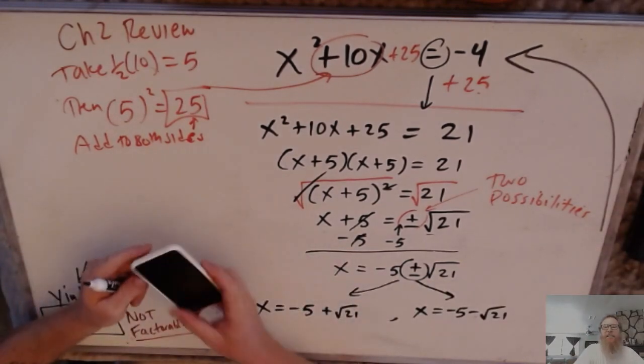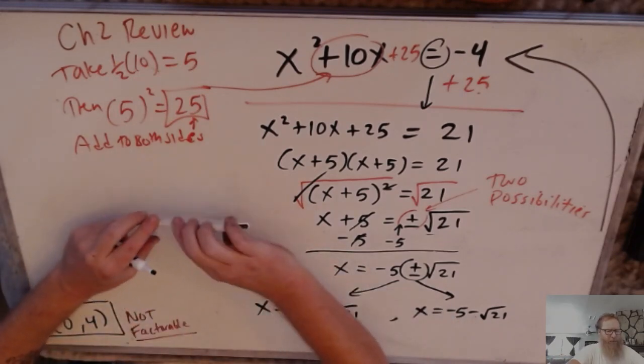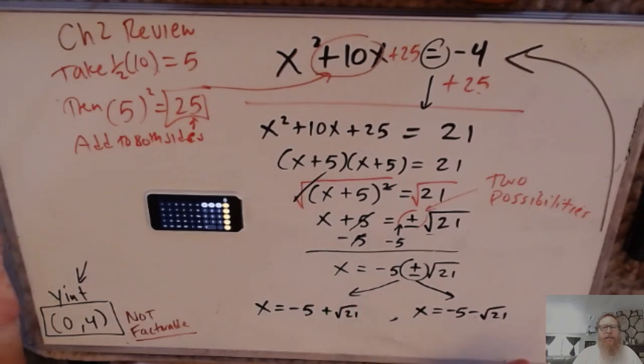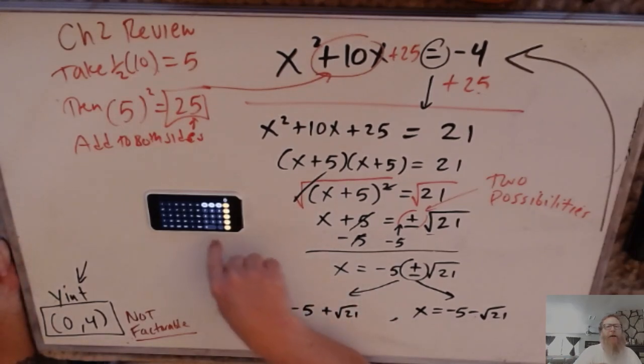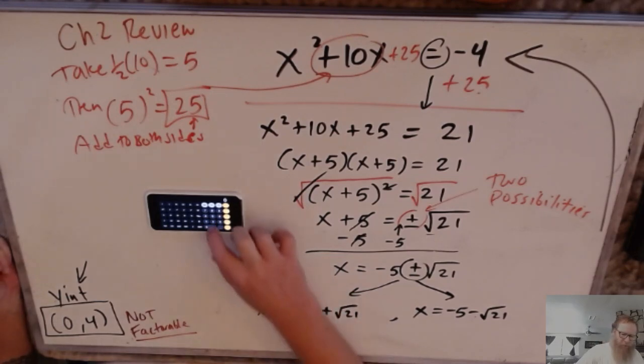I'm going to want a decimal for most of these answers, if they are decimals. If they come out to be whole or integer, obviously you don't need a calculator. But I brought my calculator today. So we're going to do the square root of 21.